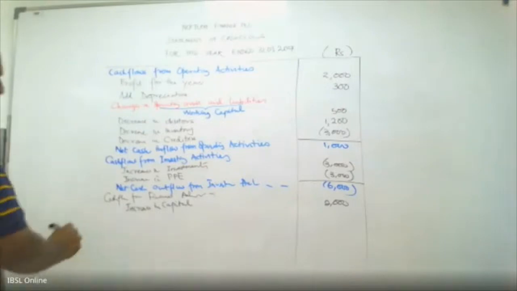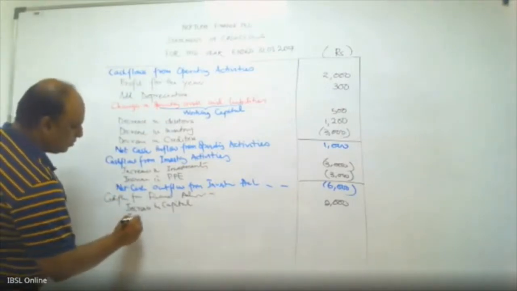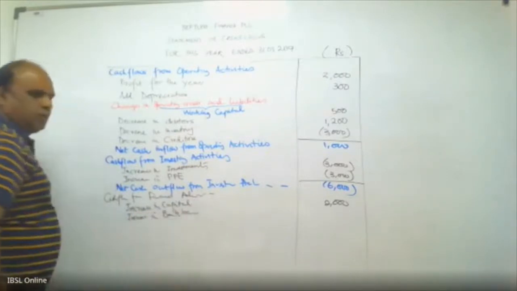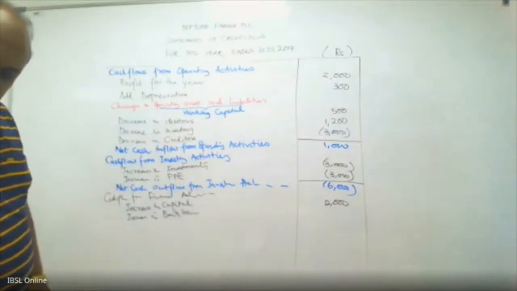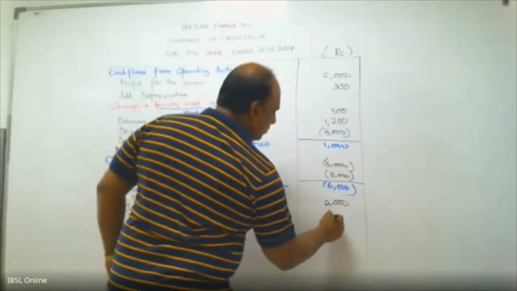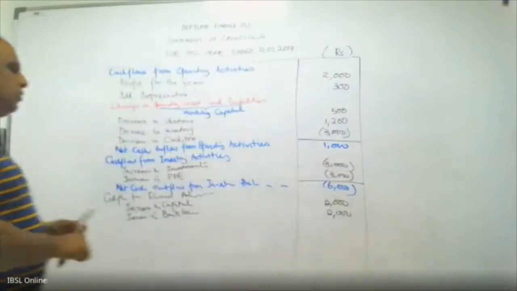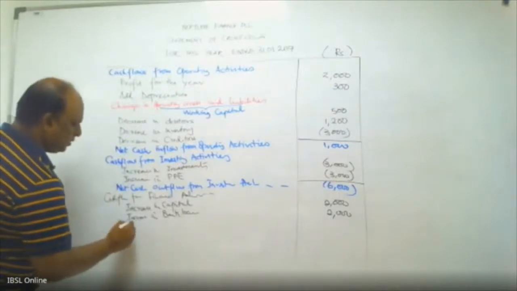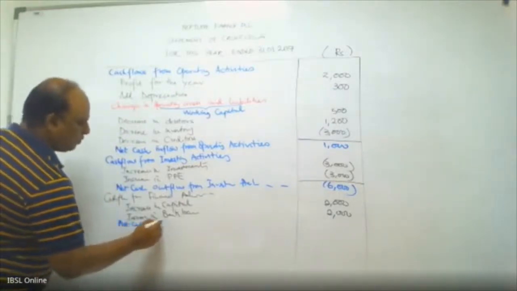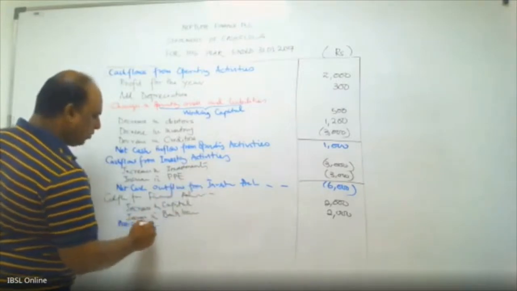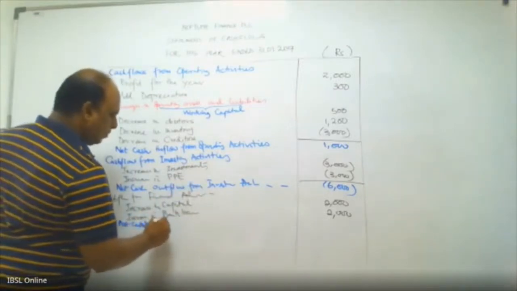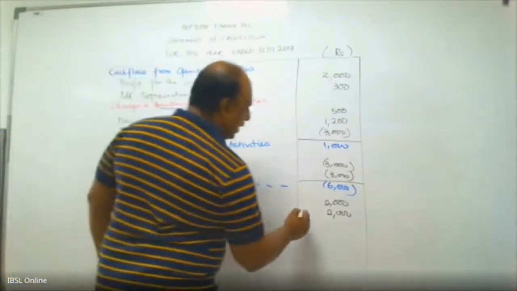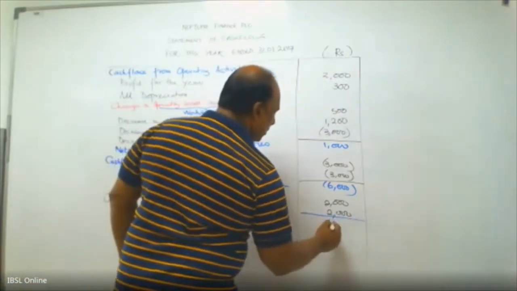So there is an increase of 2,000 there. So that is net cash inflow from financing activities. You all have to write it. So we have 4,000 there.